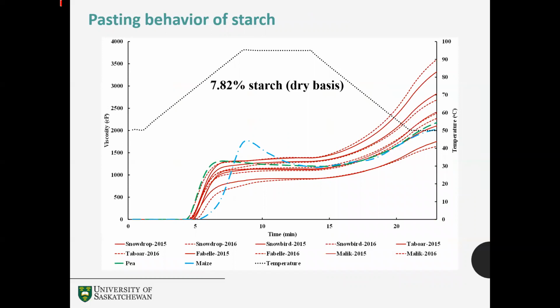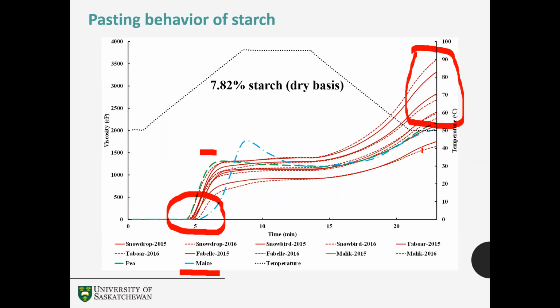We determine the pasting properties of the starches using a rapid visco analyzer, and compare with the normal maize starch. All the pulse starches show a lower pasting temperature. This is associated with the lower gelatinization temperature of the pulse starches. And all the pulse starches show a lower peak viscosity, as we can see here, and a lower breakdown viscosity, and most of them show a higher final viscosity, as we can see in the profile, except for 2 samples.